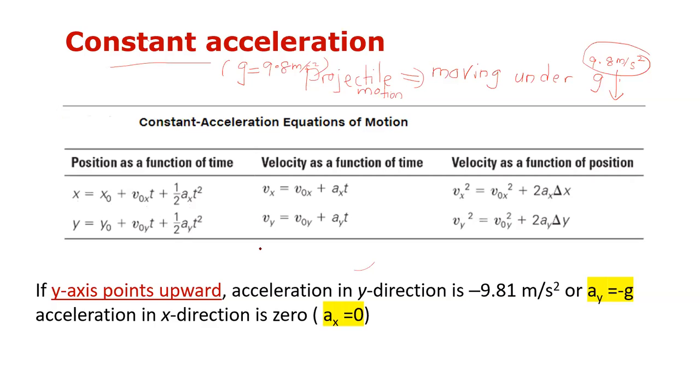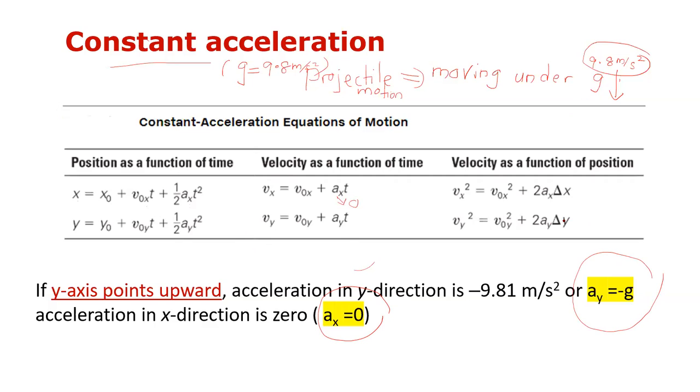But our life is going to be very easy for the x direction. Why? Because g is 9.8, therefore acceleration is always in the y direction. Therefore, for projectile type motion, x direction acceleration is 0.